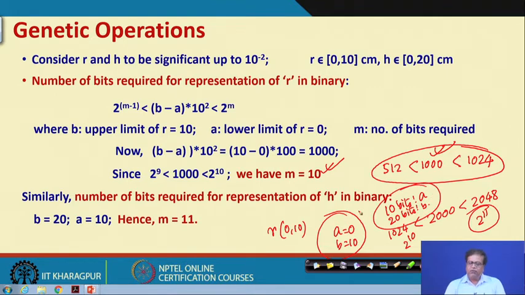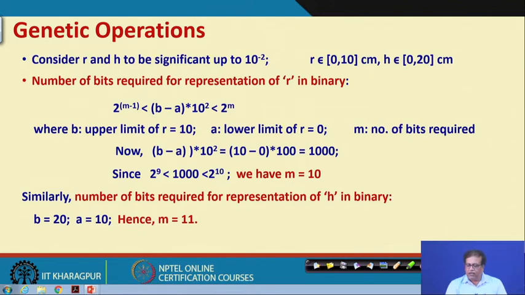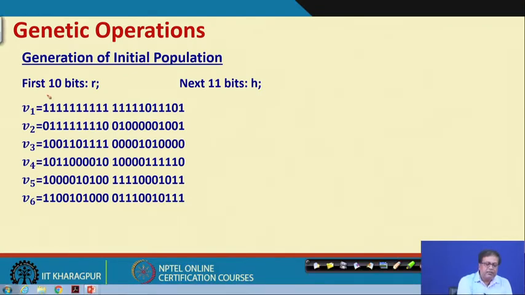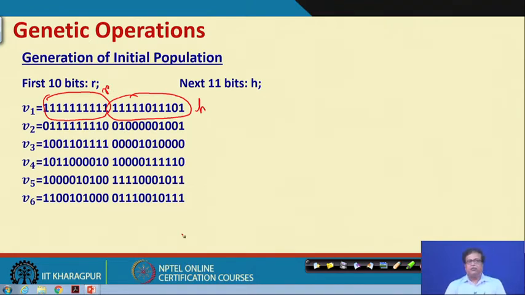Now, there are different ways of doing it. The kind of thing that we have done is that we represent these 6 values in such a manner that the first 10 bits represent R and the rest represent H. This is R, this is H. Now, you see, in the first 10 bits all ones means what?